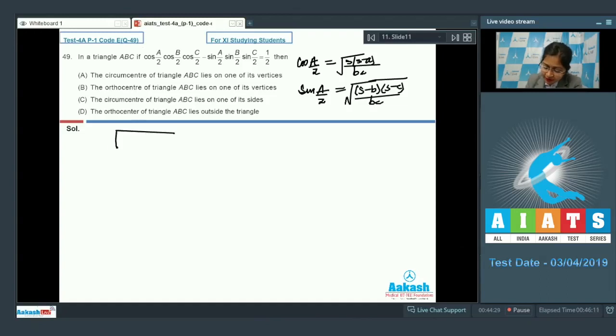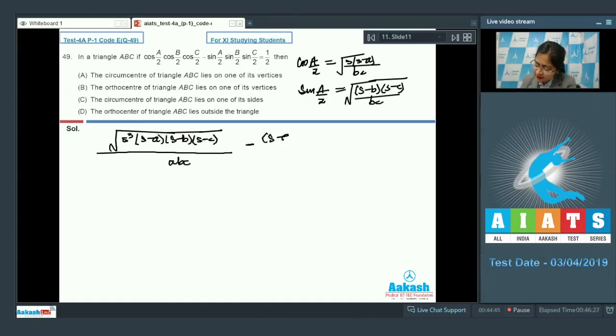So we will get under root of S cube into S minus A, S minus B into S minus C upon ABC, minus from here we will get S minus A, S minus B, S minus C upon ABC. Now this is given to be equal to 1 by 2.